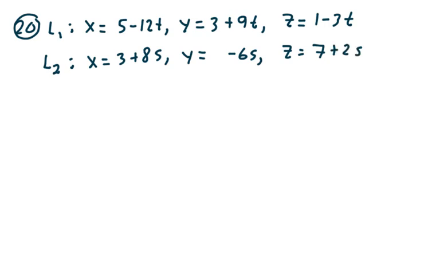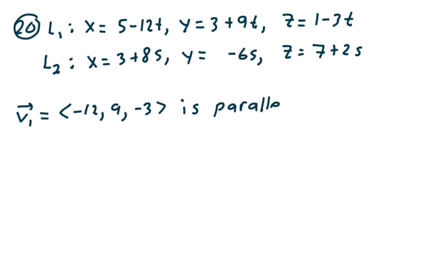All right. Now, V1, which is the vector negative 12, 9, negative 3, is parallel to L1.